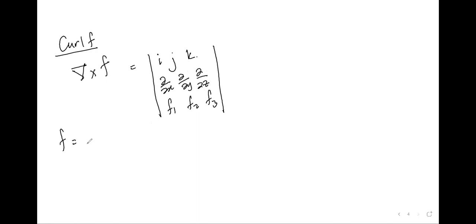So we had F equal to x squared i plus xyz j plus y squared k. We said that this was F1, this was F2, and this was F3.